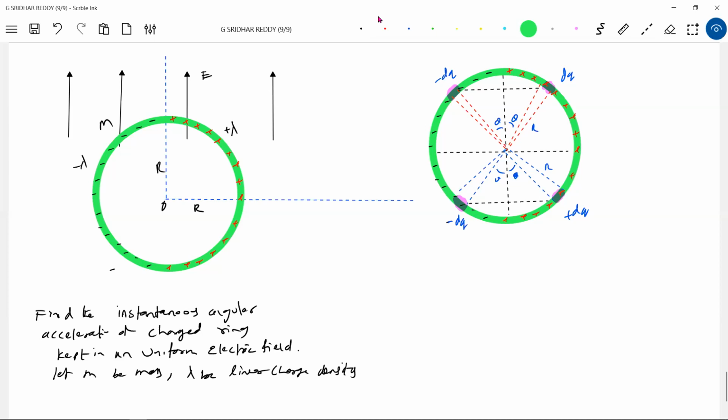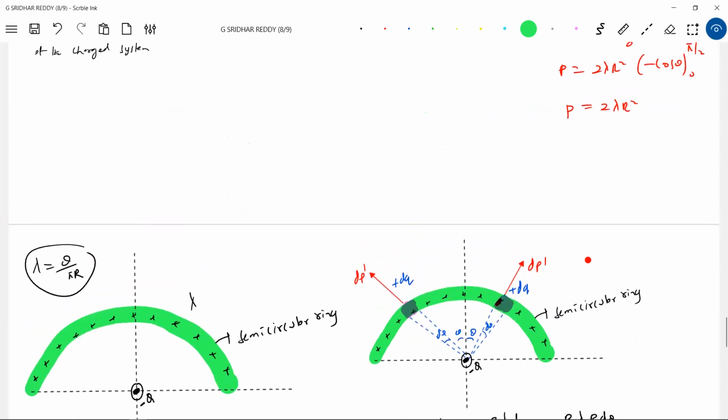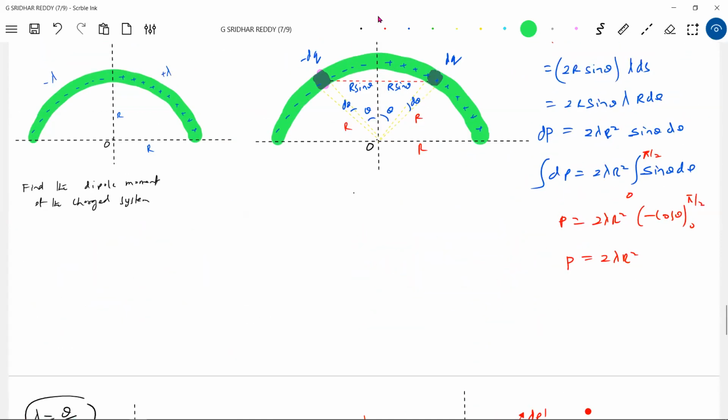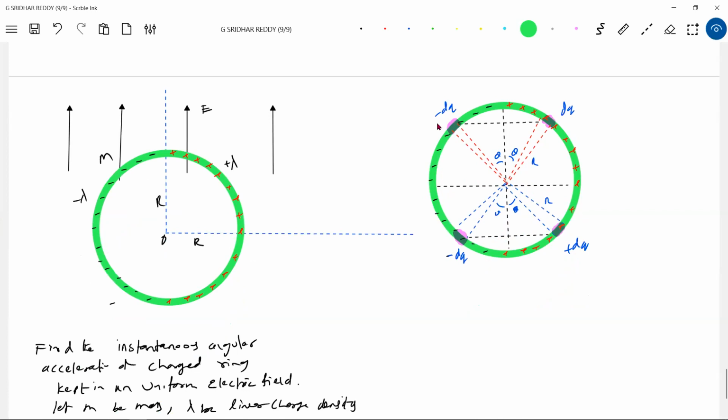This will be like a previous problem. What was the dipole moment of this half part? 2 lambda r square. I need not struggle once again. So for the half part 2 lambda r square, the resultant dipole moment will be 4 lambda r square.